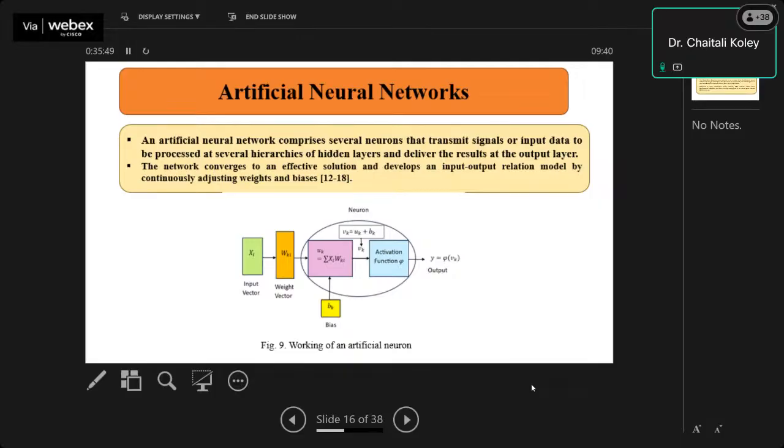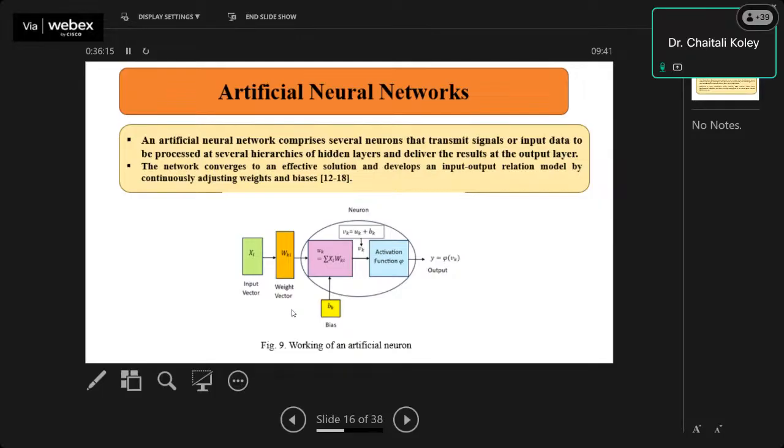Every neuron is connected with other neurons through a connection link, and each connection link is associated with a weight and has information about the input signal.